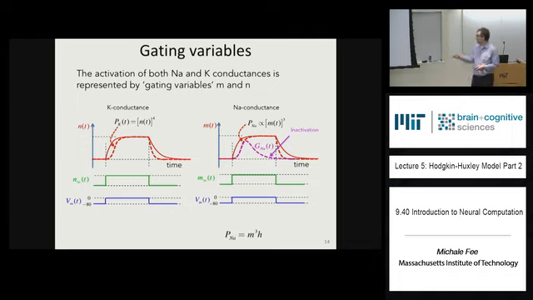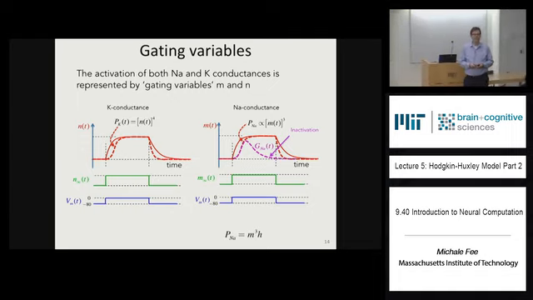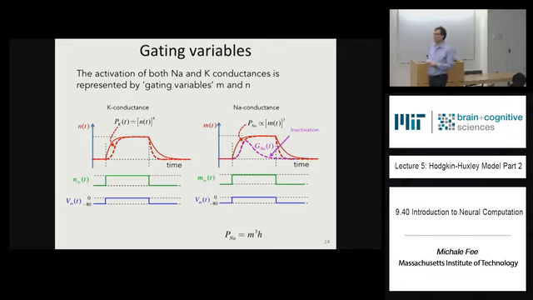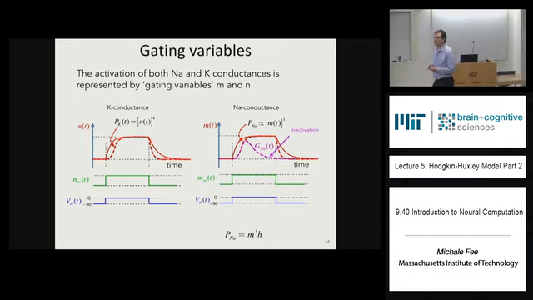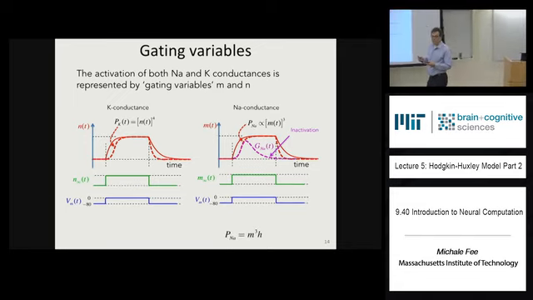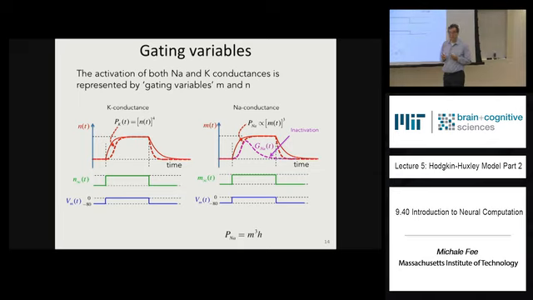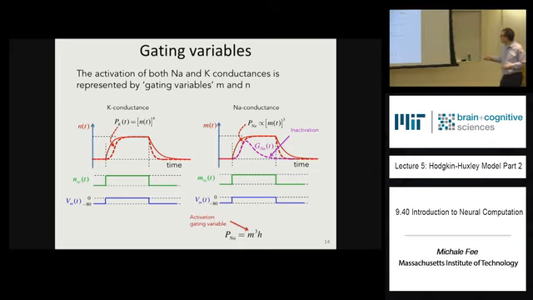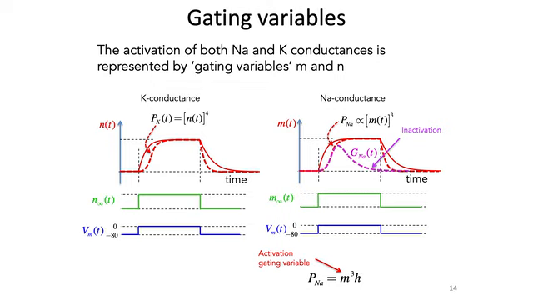And so now we're going to figure out how to think about H and how to describe it mathematically. You probably wouldn't be surprised to hear that it's just another first-order linear differential equation. Activation gating variable M, inactivation gating variable H.